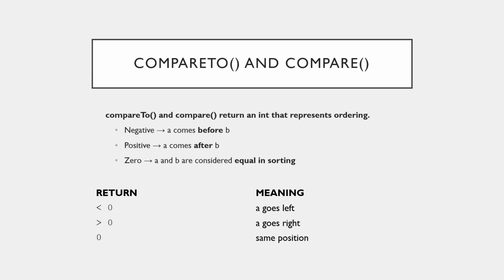And they both return an integer that represents order. If the number it returns is negative, then A comes before B. If it's positive, A comes after B. If it's zero, then A and B are considered equal in sorting. Here is a nice little table just to illustrate that point.